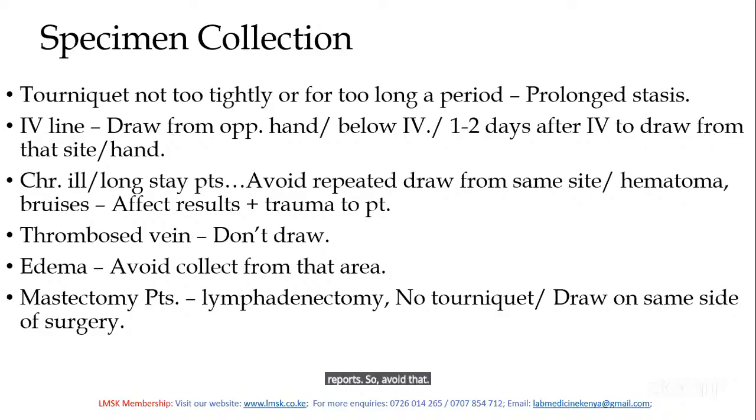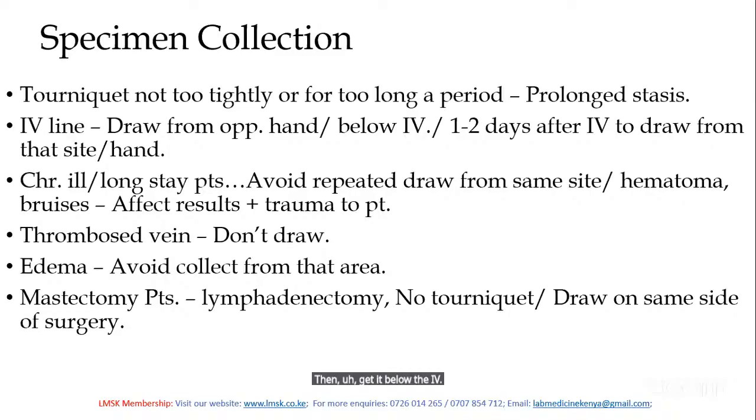Then for the hand with the IV line, you avoid that particular hand. Take blood from the opposite, the other hand. The IV will interfere with the results, the chemical in that IV. If you are to get blood from the same arm as the IV, then get it below the IV.